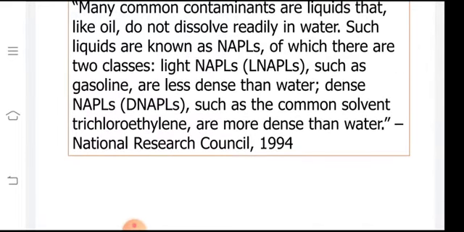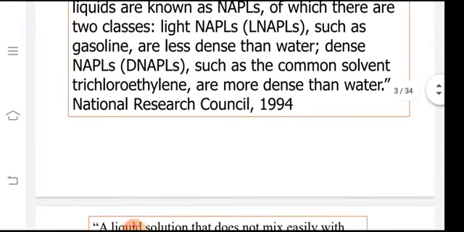So let's talk about both these kinds, and see what kind of behavior they are going to have in parallel along with the water. How water is behaving and how this contaminant, this NAPL, is behaving in a typical soil environment and in a typical groundwater environment.